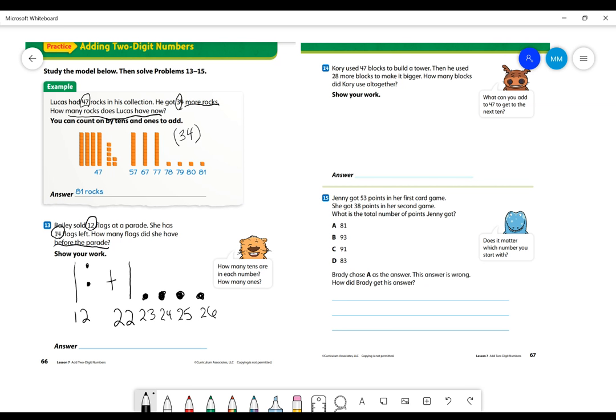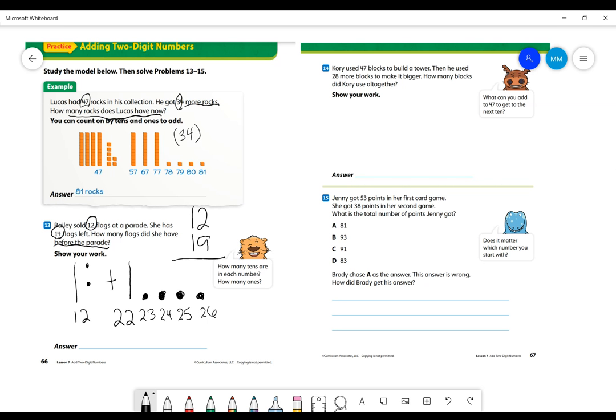So friends, what I did is something that I'm not really a big fan of, because we counted the 10 more and then our ones. Now, this can work sometimes, but let's say you have a problem that looks like this. Let's say I see 12 plus, let's say 19.